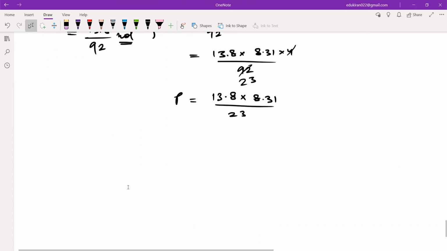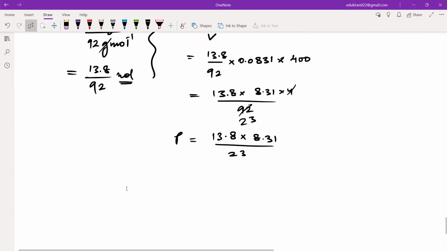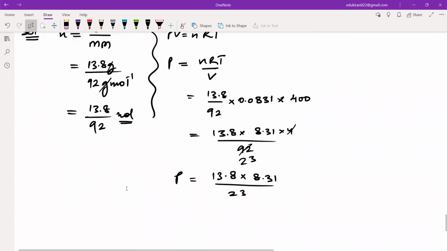So what do I want to do? Do I want to solve this, or should I leave it like this? After this I need to write the reaction and then the ICE table, but it will be better if I solve it here.